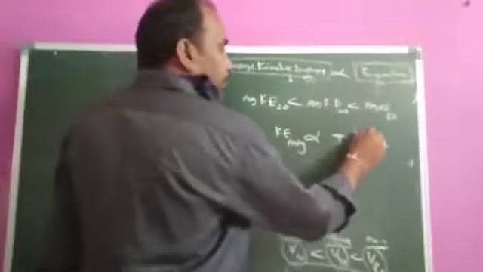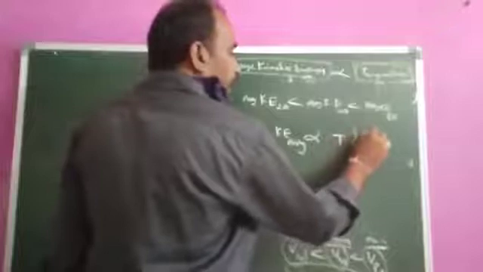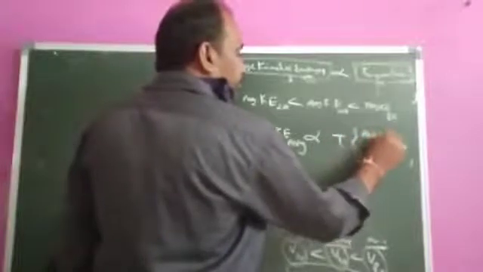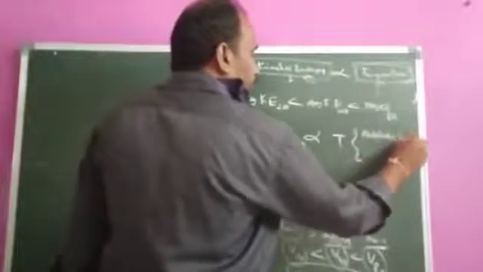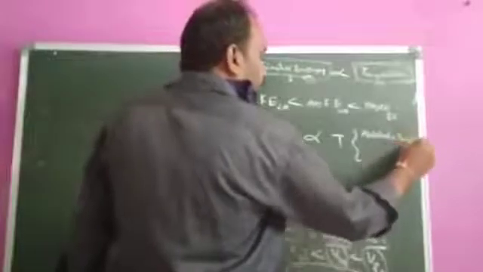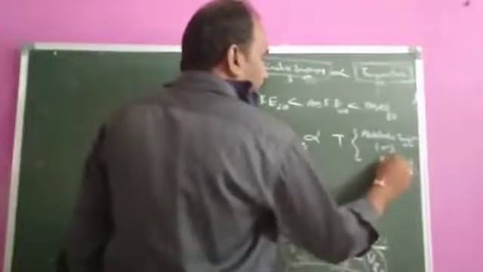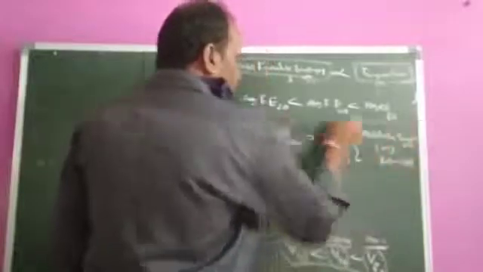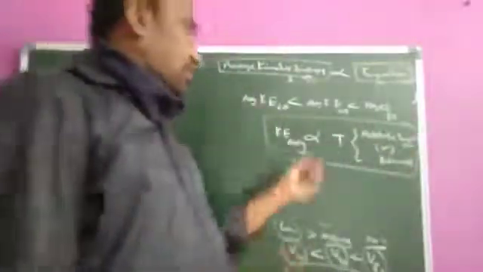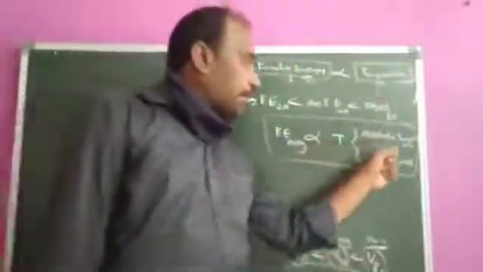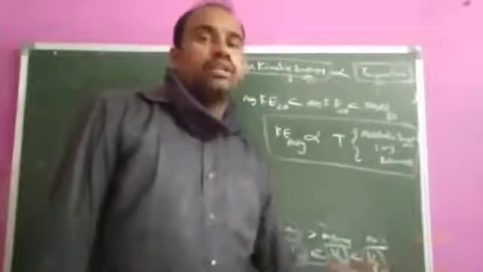Remember, all of you, the temperature here is absolute temperature, also taken as Kelvin. The average kinetic energy of the particles is directly proportional to temperature, meaning absolute temperature, nothing but Kelvin, not Celsius.